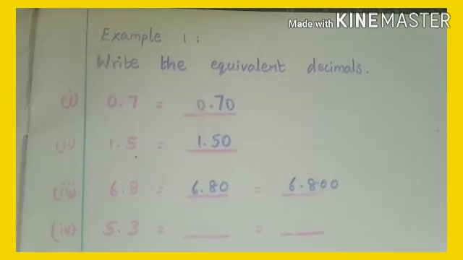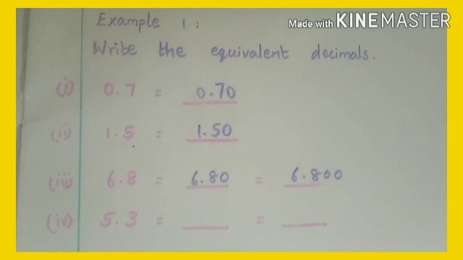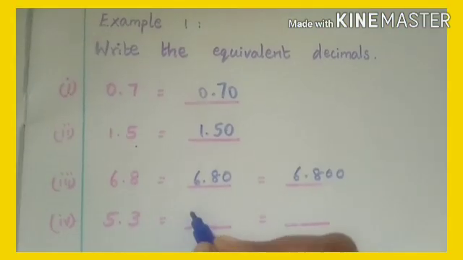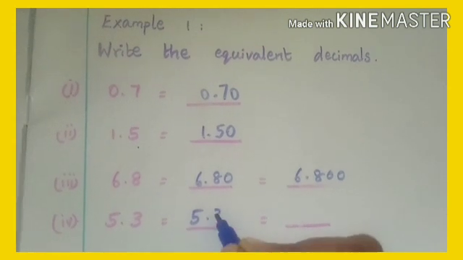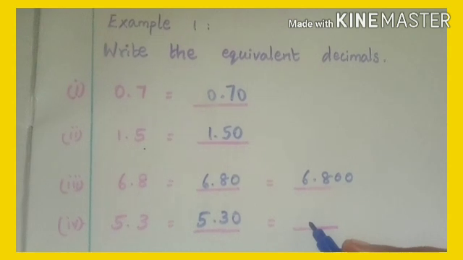We get 6 and 800 thousandths. Fourth sum, 5 and 3 tenths. Students, find the equivalent decimals for 5 and 3 tenths. 5 and 3 tenths is equal to 5 and 30 hundredths is equal to 5 and 300 thousandths.